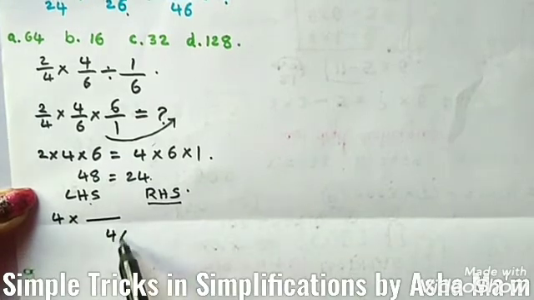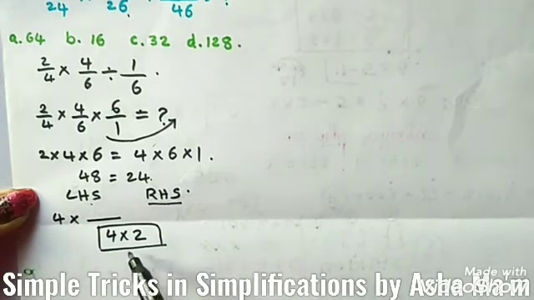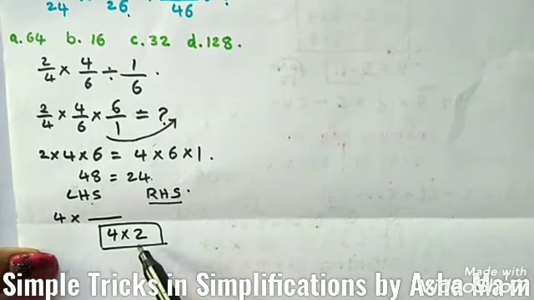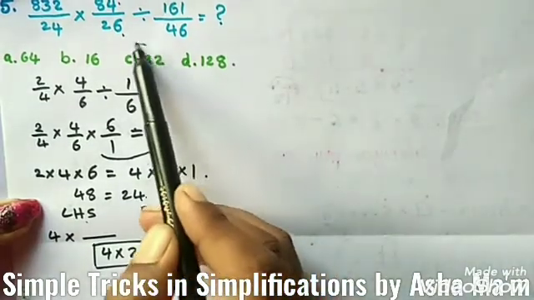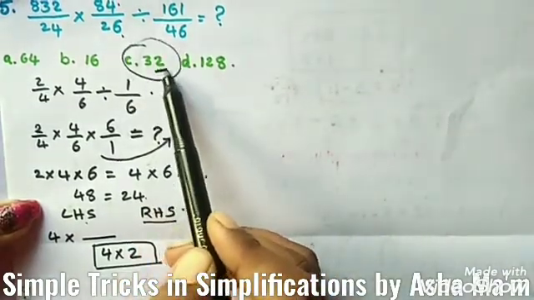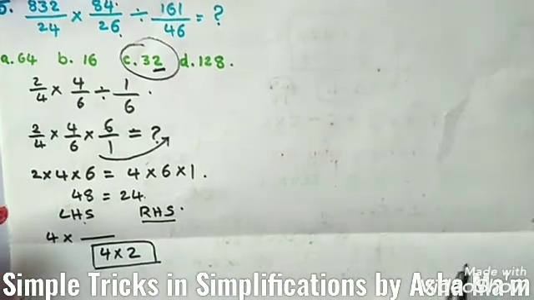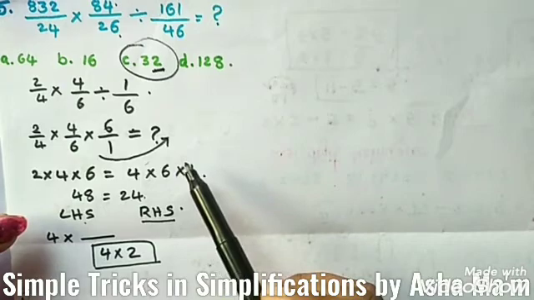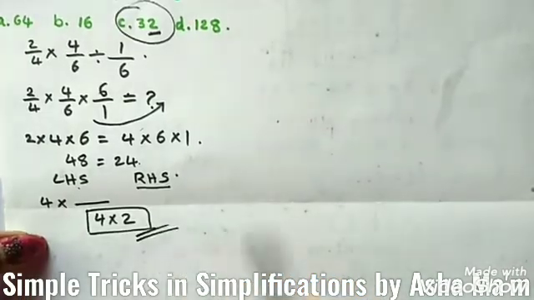That may be 4 into 2. Okay. Now students, here is 2. So in options, if you see in the units place 2, that is only our answer. Okay. Just by applying the units digit place method, you got this answer.